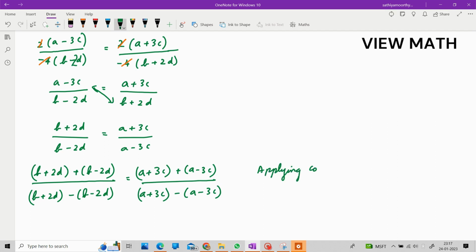Applying componendo and dividendo property.